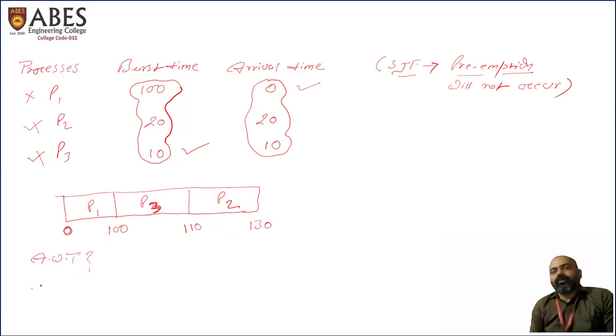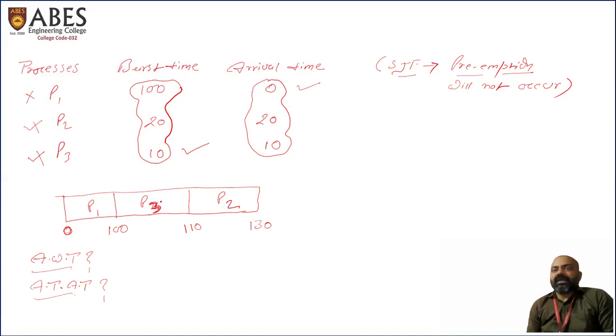Find out AWT and ATAT. So for AWT or ATAT, we have to calculate individual waiting time.